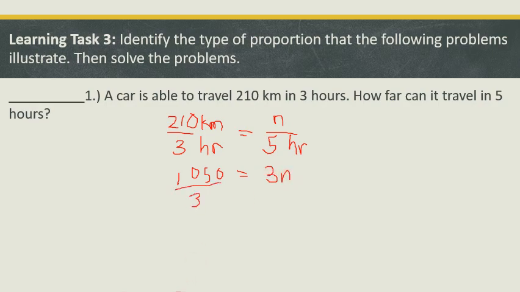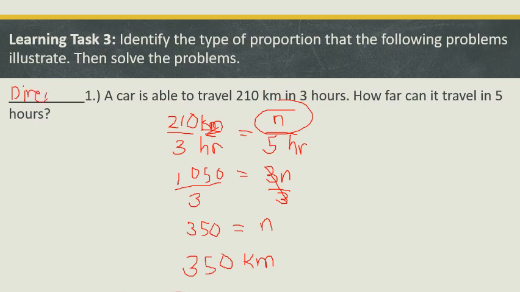So, divide natin sila both sides by 3. 1,050 divided by 3 is 350. And 3n divided by 3, cancel na yung 3, matitira is n. So, ang answer natin dito is 350. Ano unit ito? Kilometers. Dito, pwede natin ilagay yung type ng proportion. Ito ay direct.